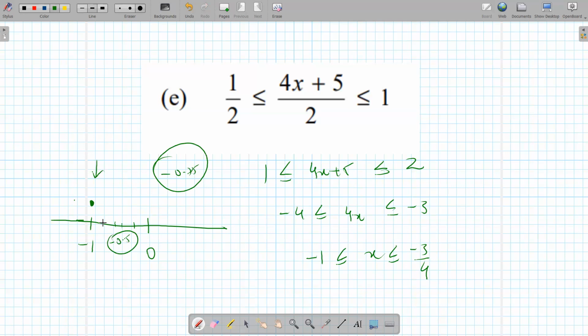Negative 3 over 4 is going to be somewhere like here. So it's to the right. What about negative 4 over 3? This is the one that I was trying to do earlier. Is that to the left of 1 or to the right of 1 on the number line? It's to the left, because that's like 1 and 1/3.